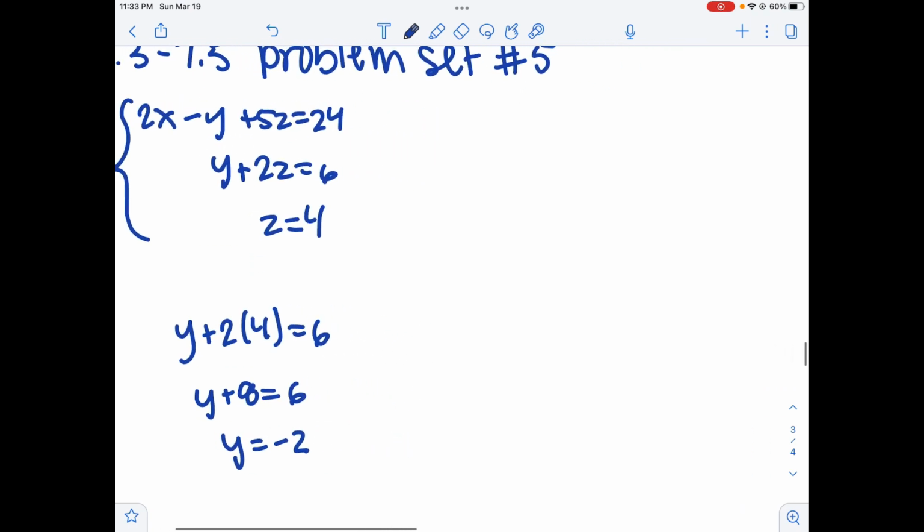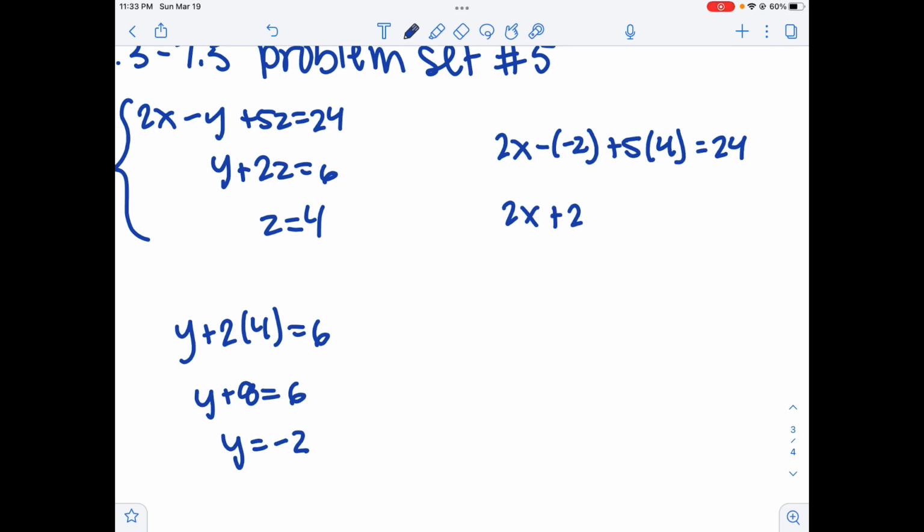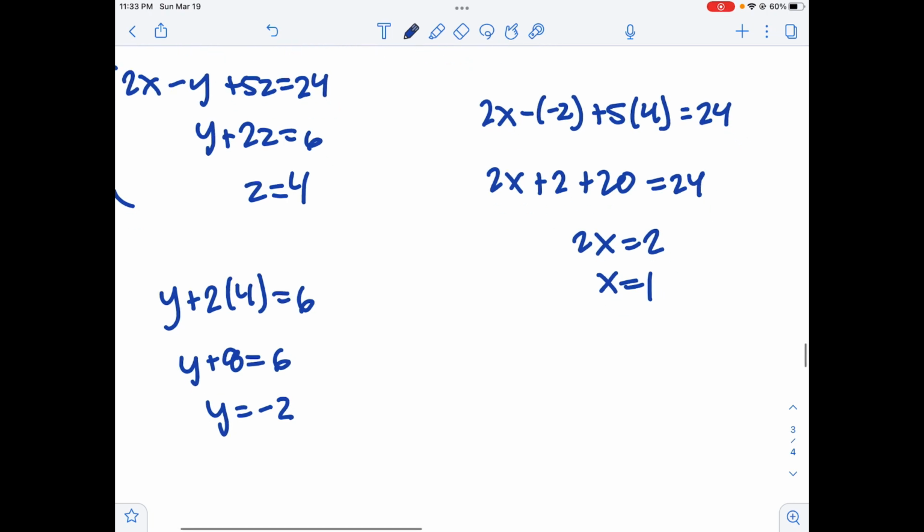Now we plug it all back in, so we get 2x minus -2 plus 5 times 4 for z is equal to 24. So we get 2x plus 2 plus 20 is equal to 24. Now 2x is equal to 2, and x is equal to 1. So the ordered triple would be (1, -2, 4).